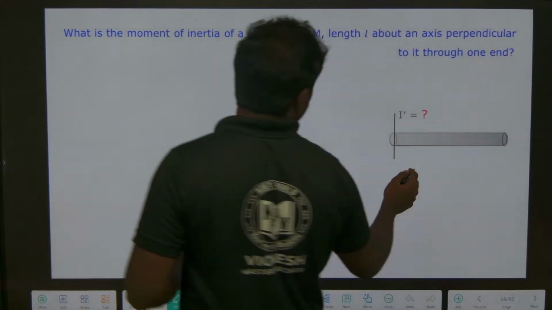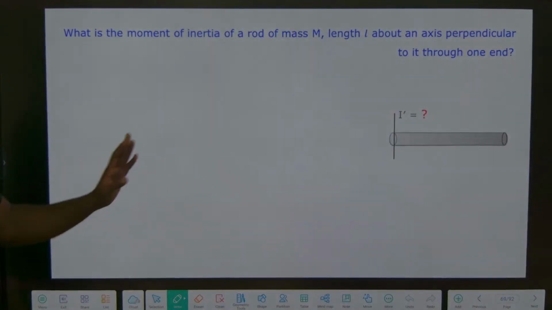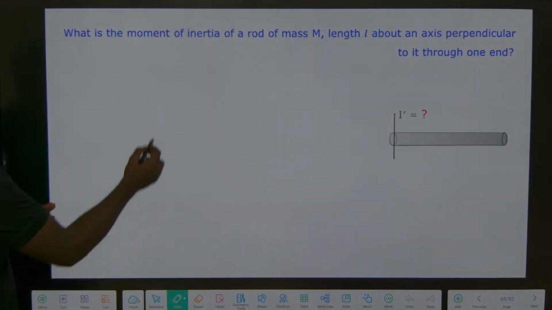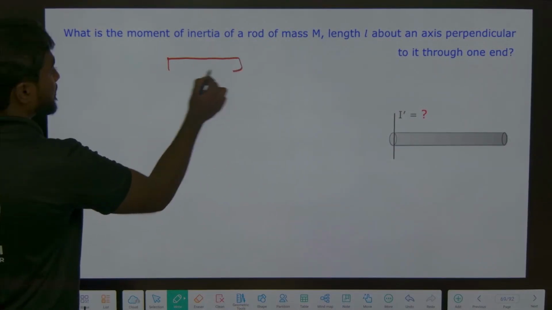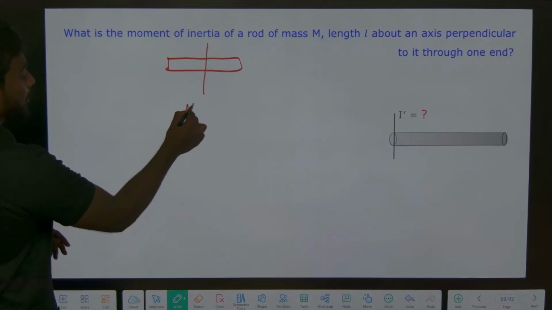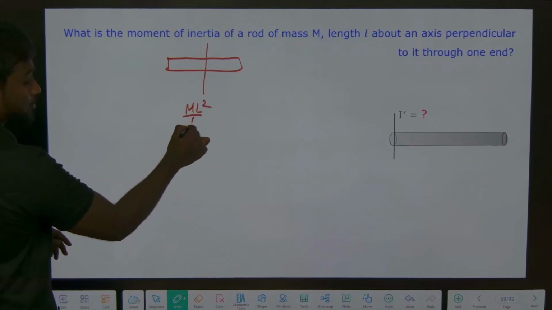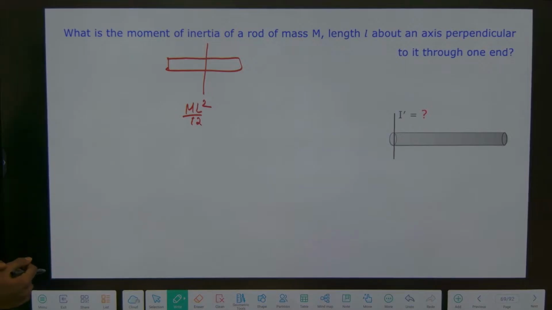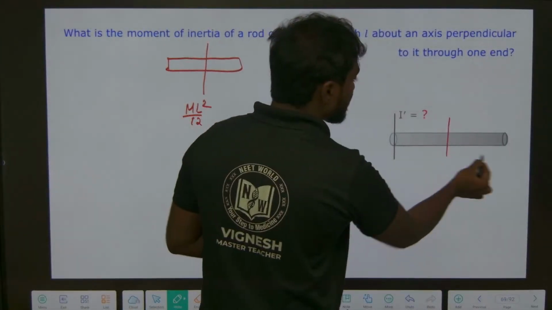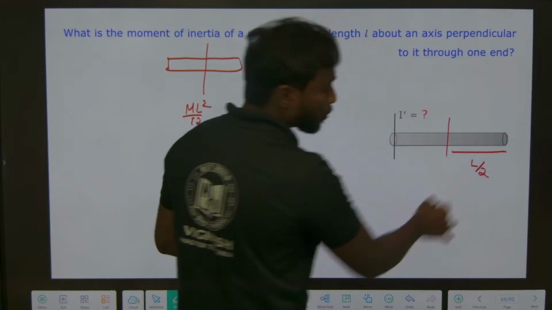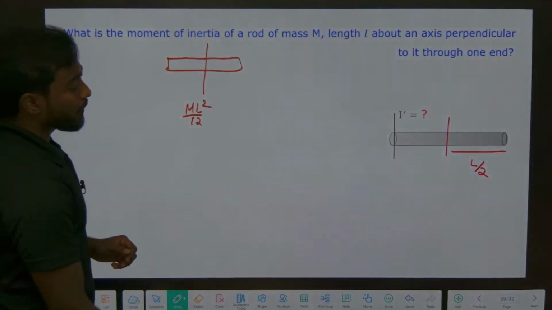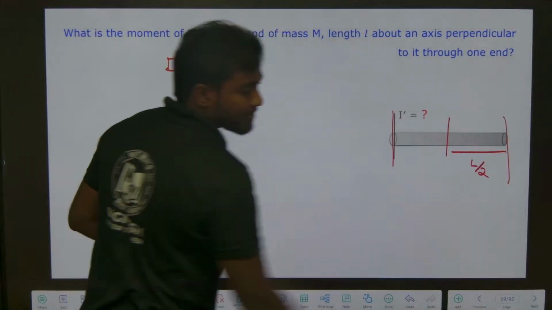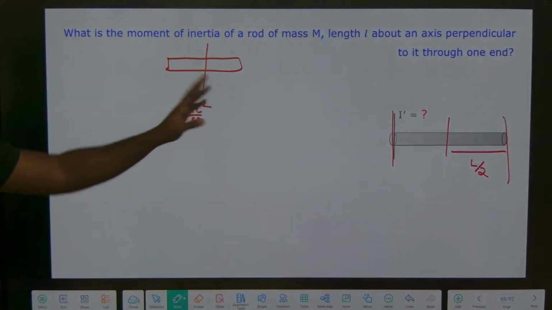We know the moment of inertia of a rod about its center is ML squared by 12, right? The distance from the center to the end is L by 2. I need to find it about either end.